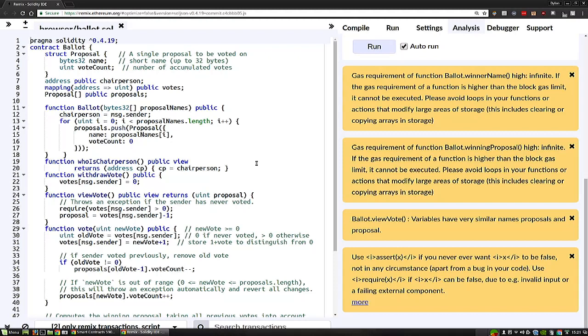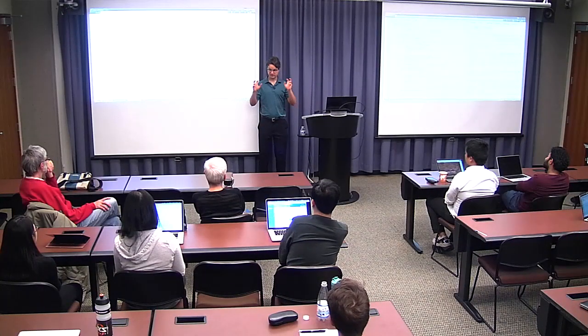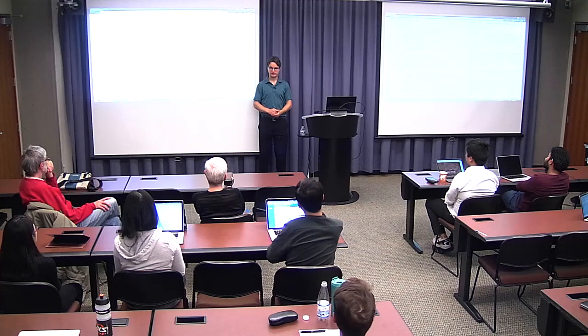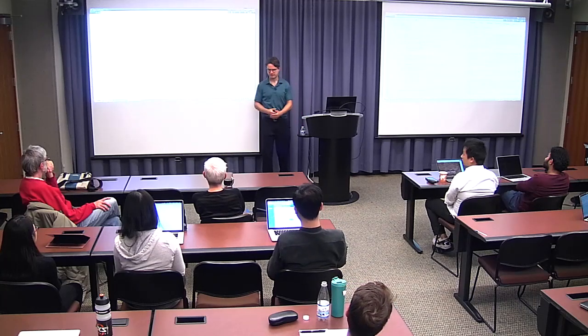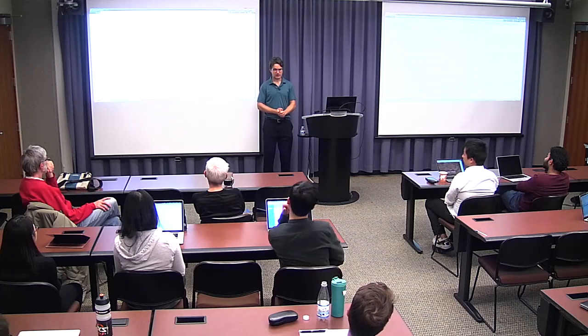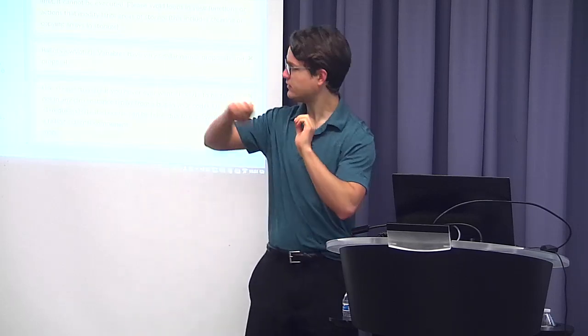How might we address that? Well, there's a variety of ways. One way is for people to commit to their vote without revealing it. I think this is actually used in practice too. They take their vote along with a string that only they choose, compute the hash of that, and send the hash to the ballot contract, which stores the hash.